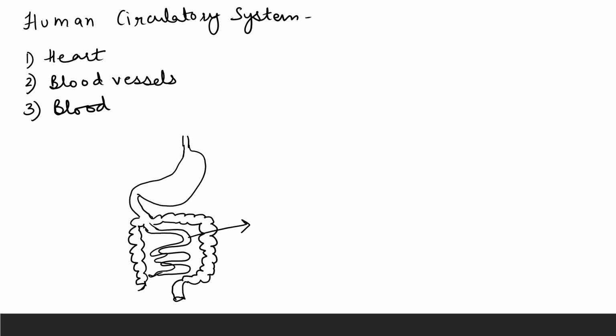So let's talk about the another one, that we are going to talk about the respiratory system, right? So let's say this is the respiratory system.